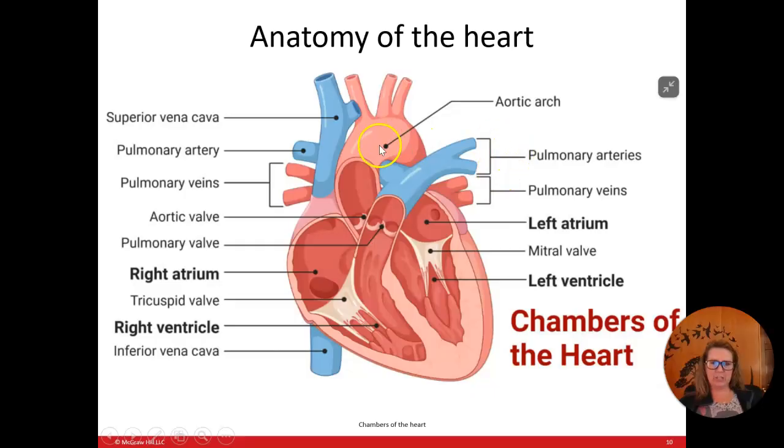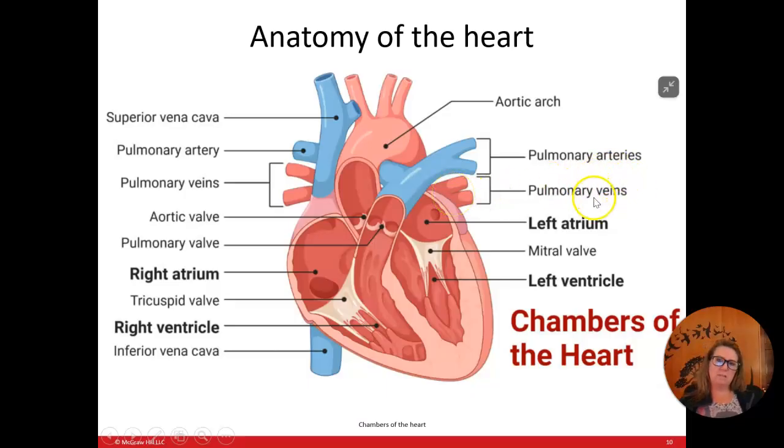Now let's just take a look here for a minute. Do you remember how we said that all arteries carry blood away from the heart? So that's why this particular artery, the pulmonary artery, appears blue. They show it in blue because this is showing you that this is deoxygenated blood. It's called the pulmonary artery because it's carrying blood away from the heart to the lungs. These, even though they're red, are going to be veins because they are carrying blood from the lungs back to the heart.